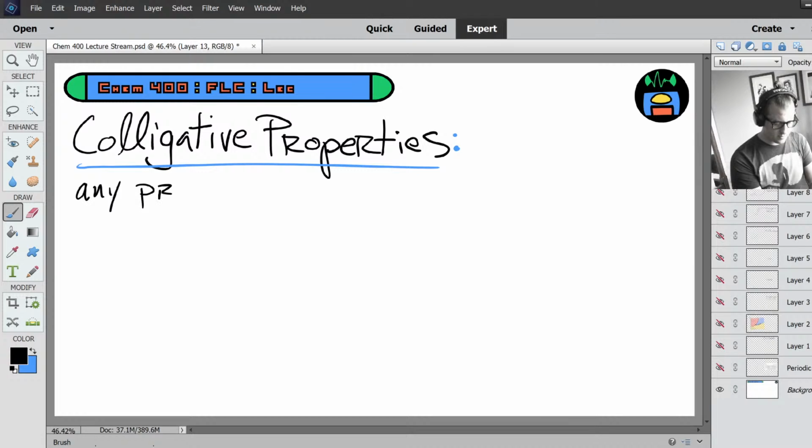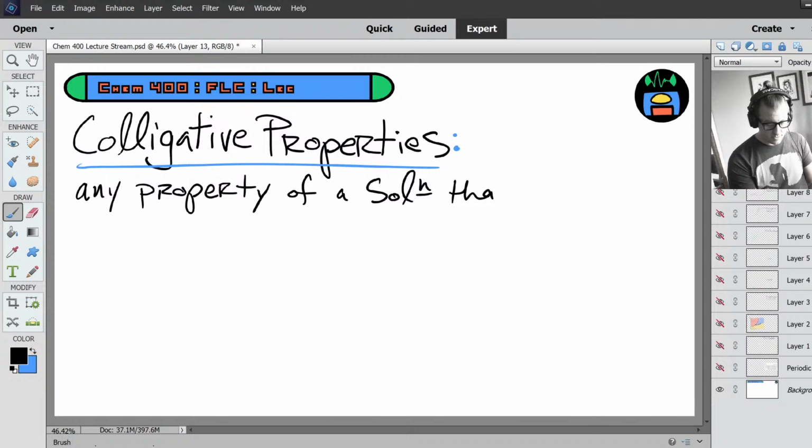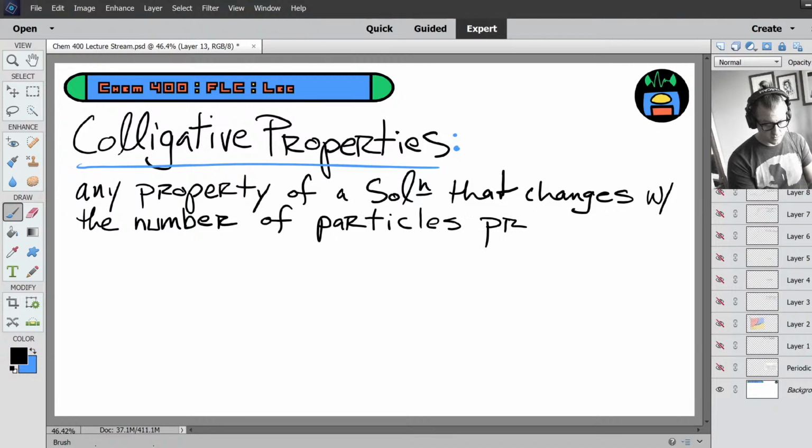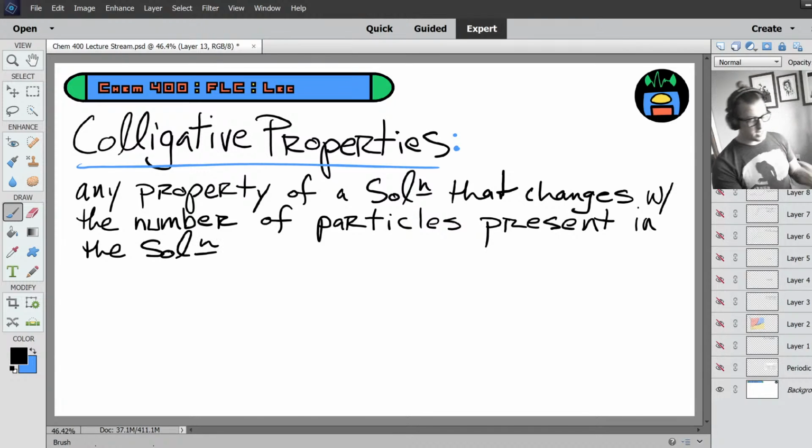It's any property of a solution that changes with the number of particles present in the solution. All right, that is the definition of colligative properties.